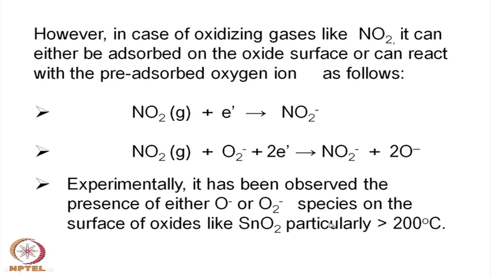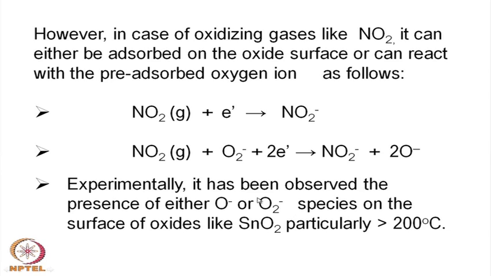To a large extent these are conjectures, but it has been shown that these species really get adsorbed on the surface of SnO2, particularly at greater than 200 degrees centigrade. We will come to the temperature effect there.